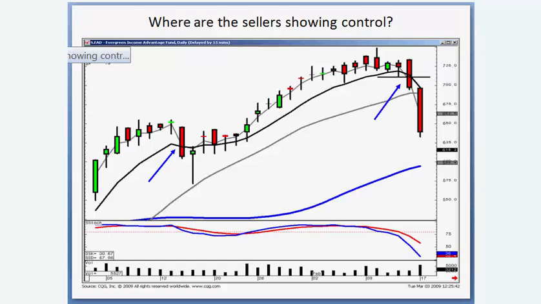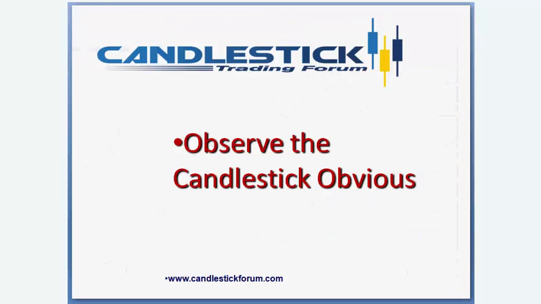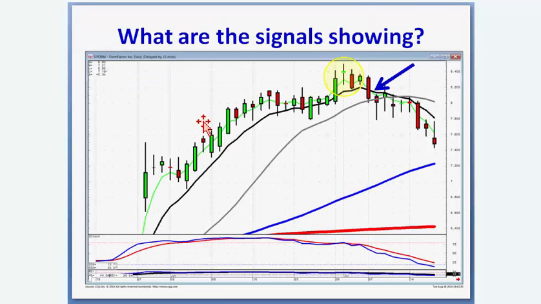So when I get out of a trade, the candlestick signals let you observe the obvious. When has there been a change of investor sentiment? We know there's simple rules. Somebody was asking what the T line is. The T line is the 8 exponential moving average, and it's got a very simple rule to it. If you see a candlestick buy signal and a close above the T line, you can stay long until you see a candlestick sell signal and a close back below the T line.